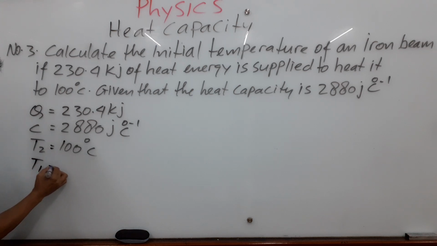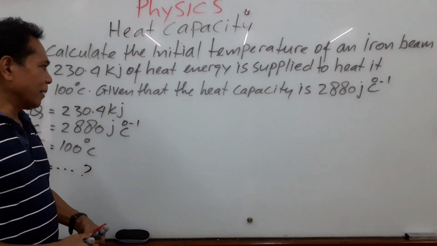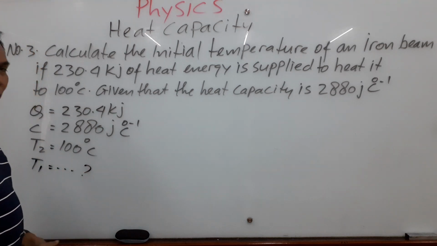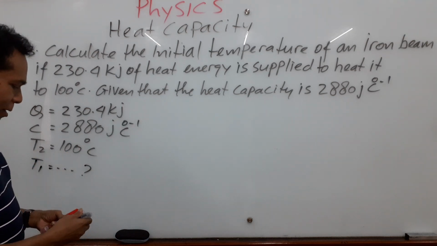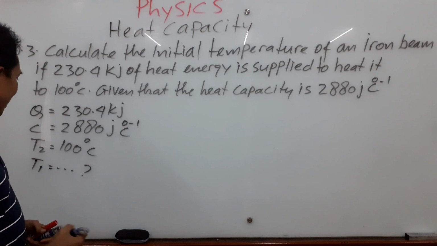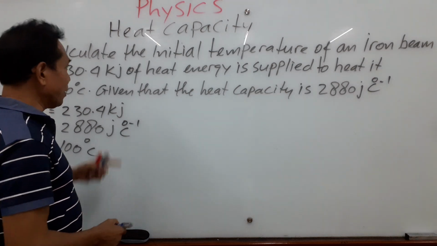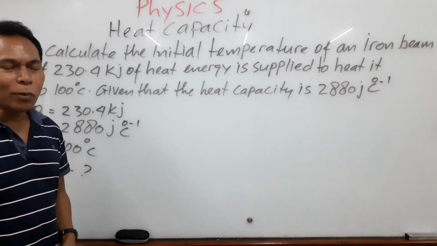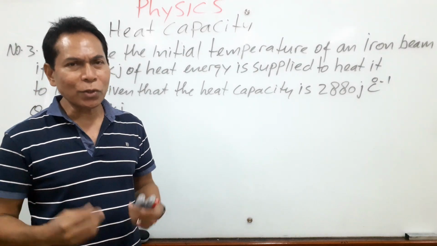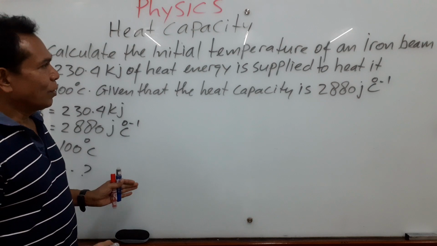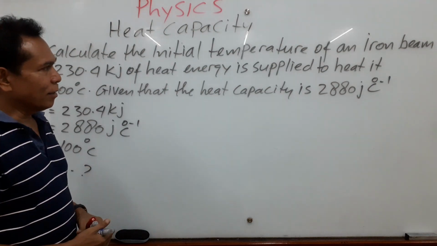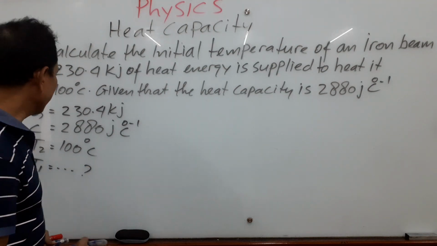T1 is unknown. We need to find it. We have written everything that we know from this question. Now, we need to select a formula to help us work out this question. I want to make this super easy, so that you friends can easily work out questions like this.